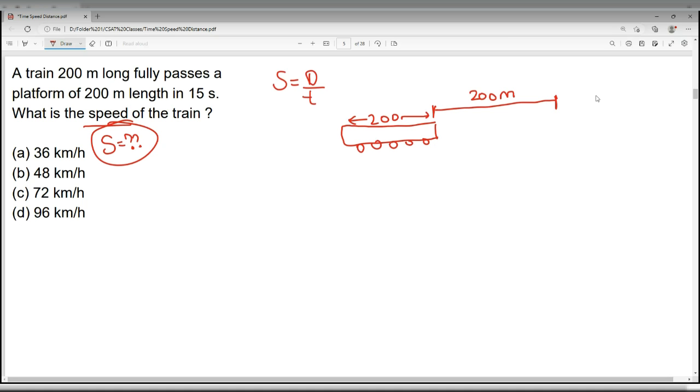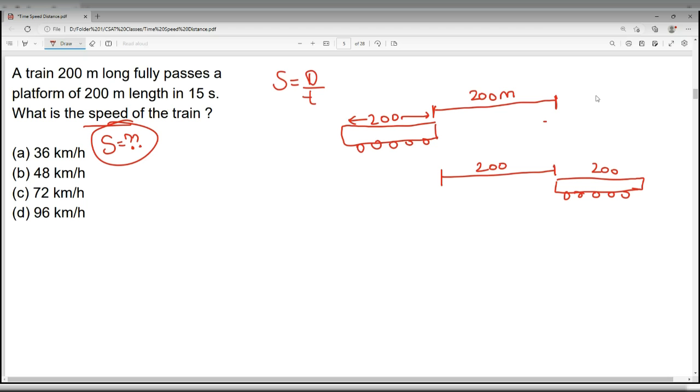When it passes the platform completely, this would be the exact picture of that instance. The train has to pass this 200 and then the body has to go away from the platform. So the total distance would be 400.